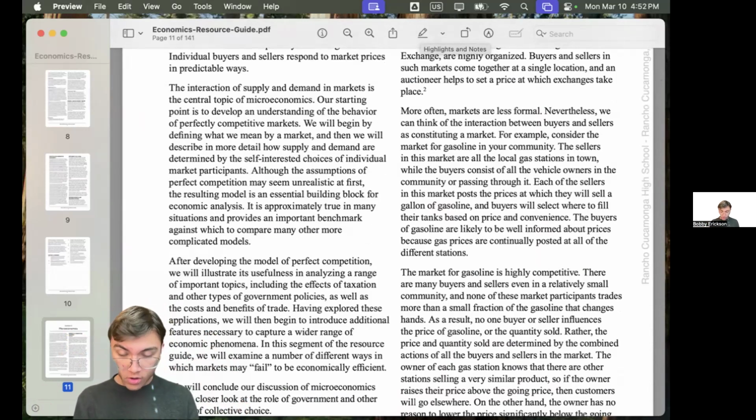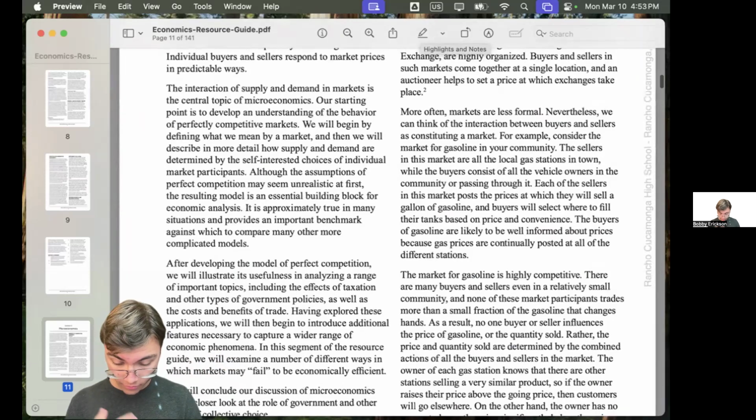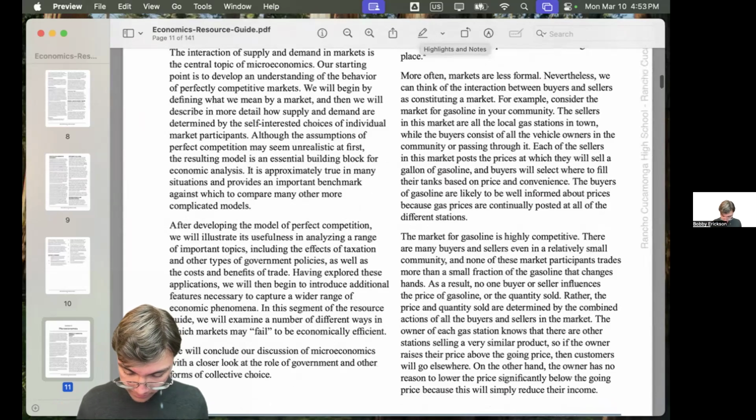And then the buyers will choose where they're going to buy gas from based on the price. We are assuming here that people are rational and will make rational decisions and go with the choice that will best benefit them. So they'll go with the lowest gas price and for convenience. They'll choose based on price and convenience.